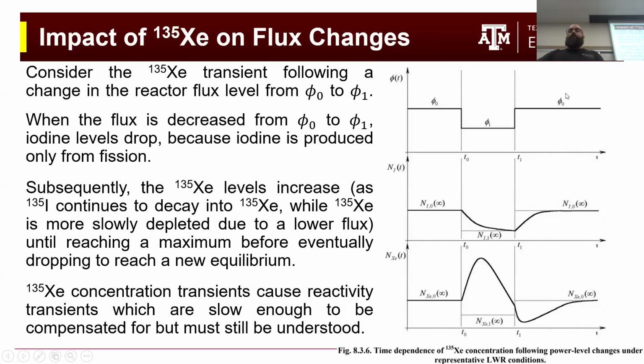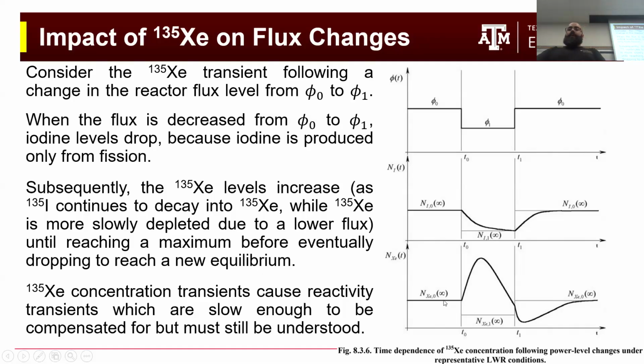And then once I turn the reactor back to a higher flux, that flux allows for more fissions, which allows for more production of iodine. So that iodine concentration would slowly build up until it got right back to that equilibrium value consistent with whatever this V0 value is.